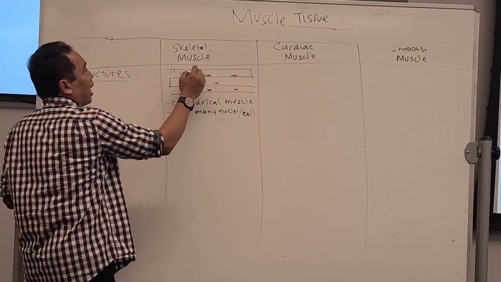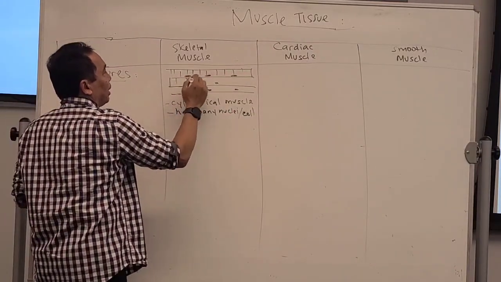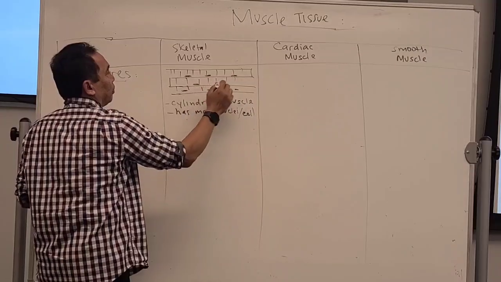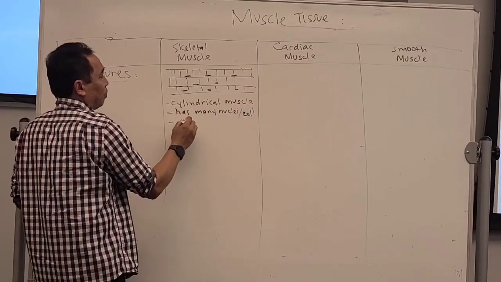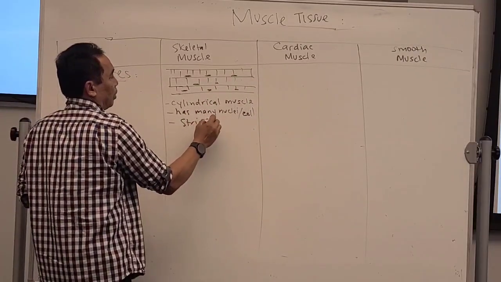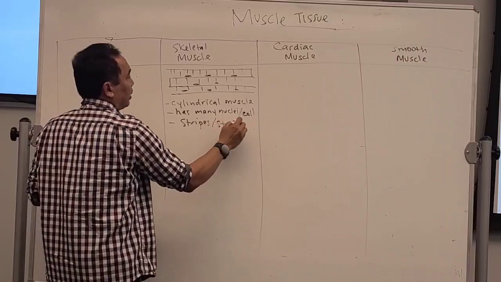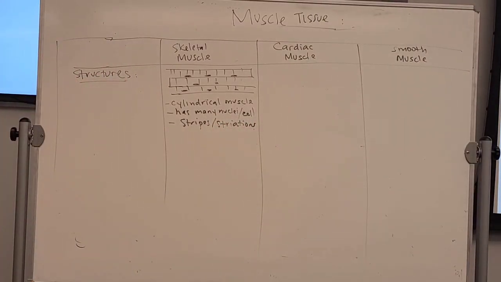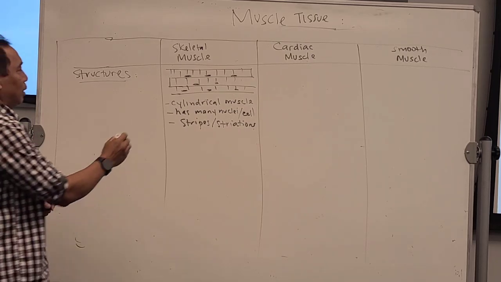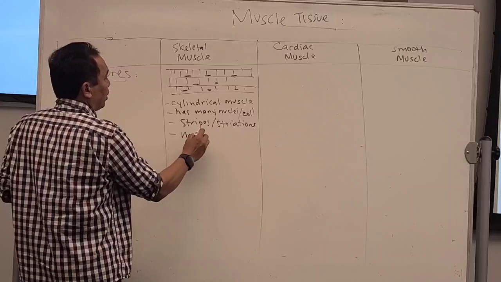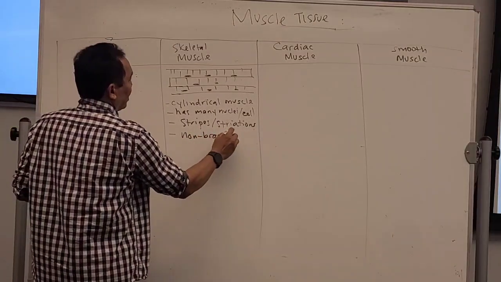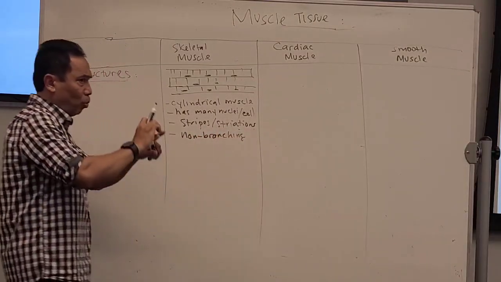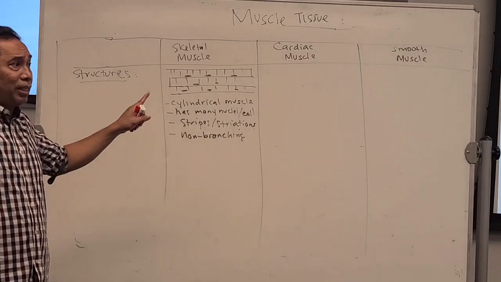It has stripes. If you see under the microscope, it has stripes, or striations. You get this one? Non-branching. This means that a long muscle is just one long muscle without any branching.